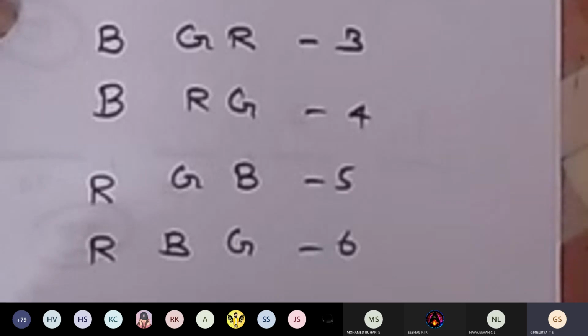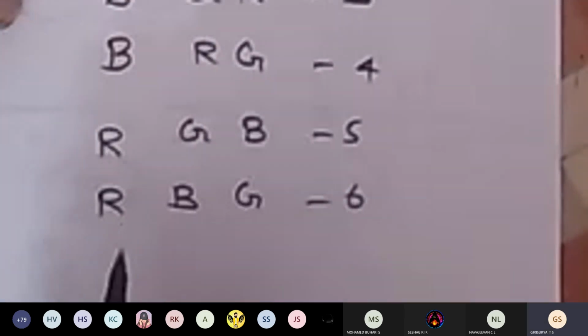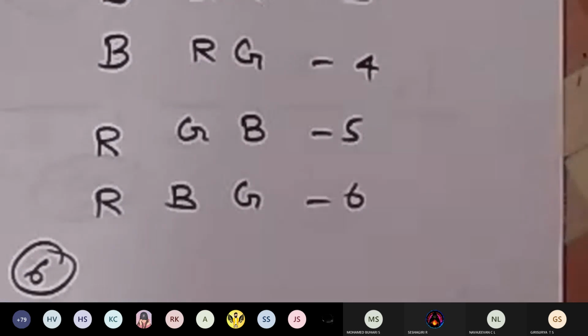Sir, only 6 combinations are possible. Okay, so the total number of ways we can arrange green, blue, and red is 6. That's it.